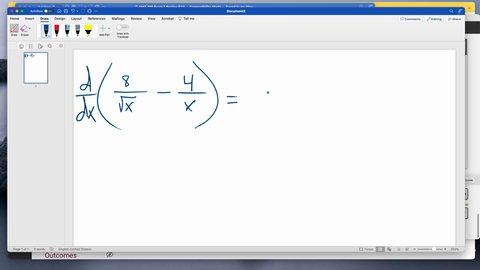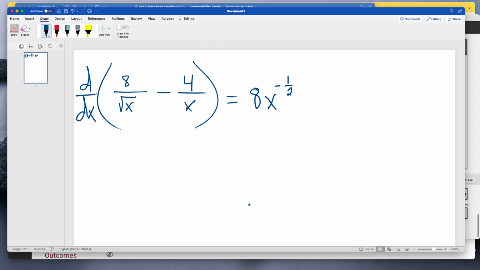So we're going to rewrite this. Notice this is in the denominator, so I'm going to rewrite it as 8x, and what would the power be? Well, because of the square root, it would be 1/2. Square root is 1/2 power, and because it's in the denominator, it's going to be a negative 1/2 power.